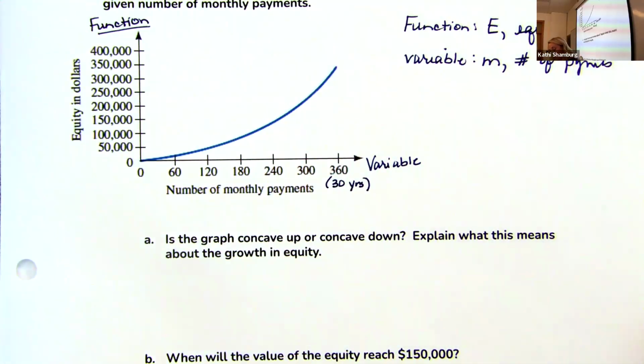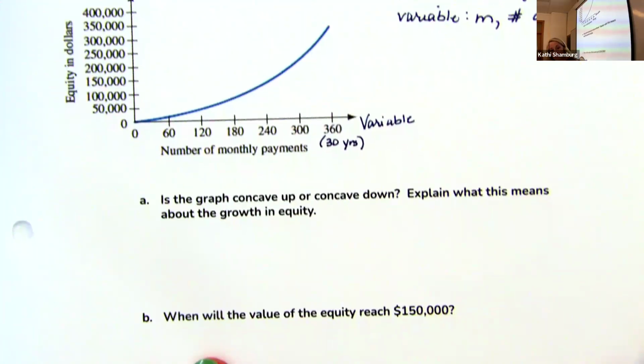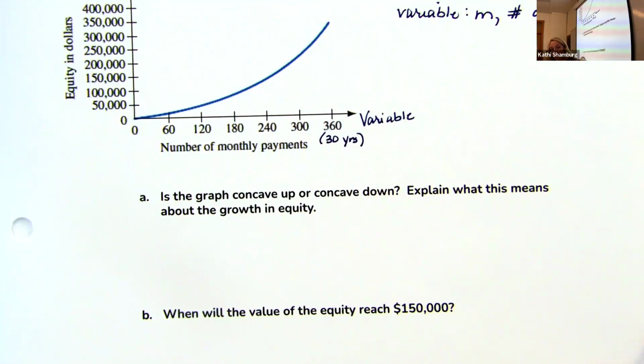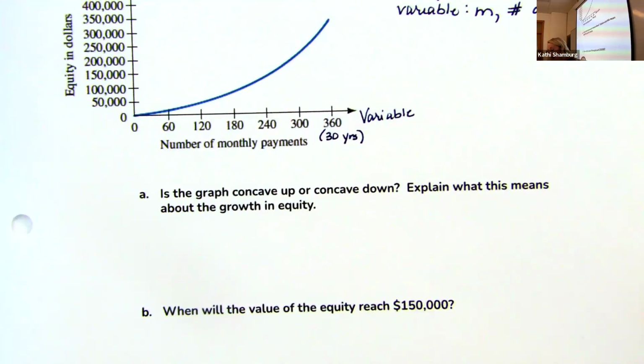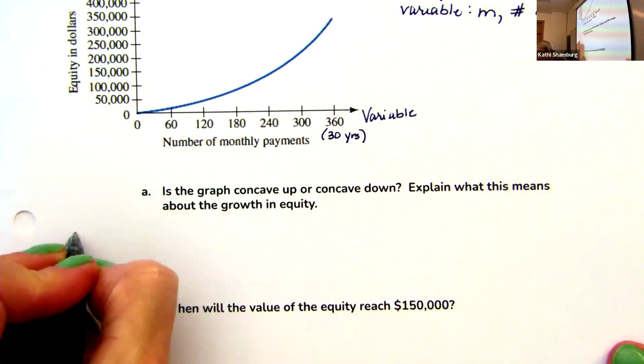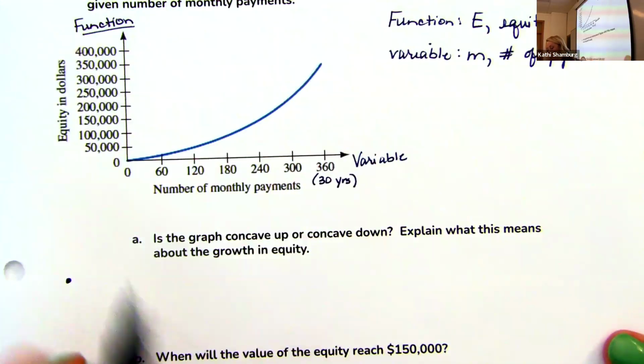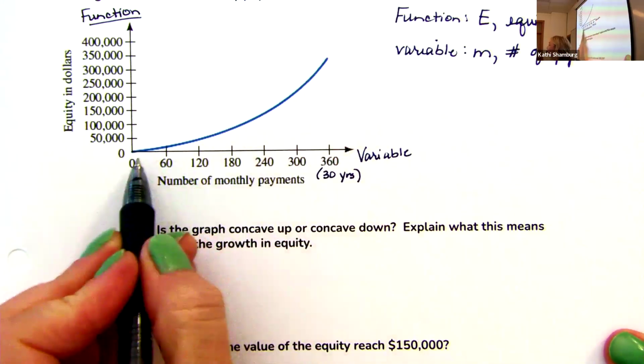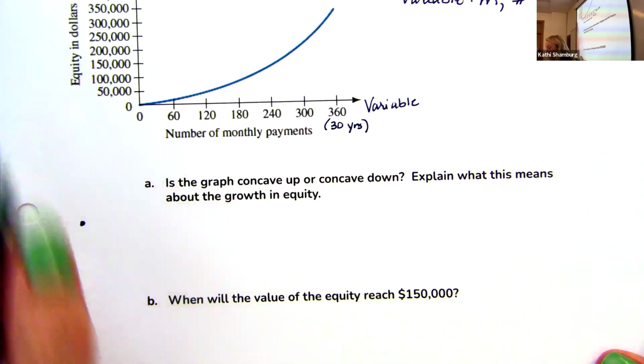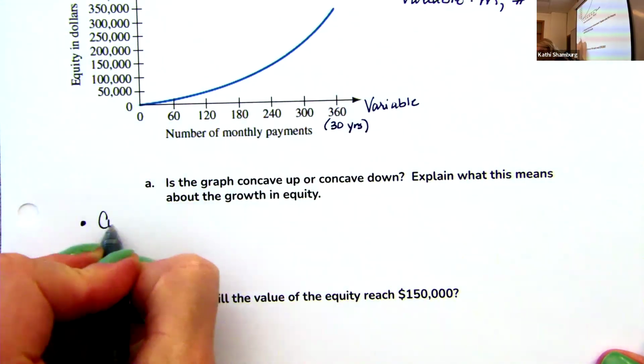So it starts out and it says, is this graph concave up or concave down? It is up, because if you extended it, it's like cups up. So we know it's concave up.